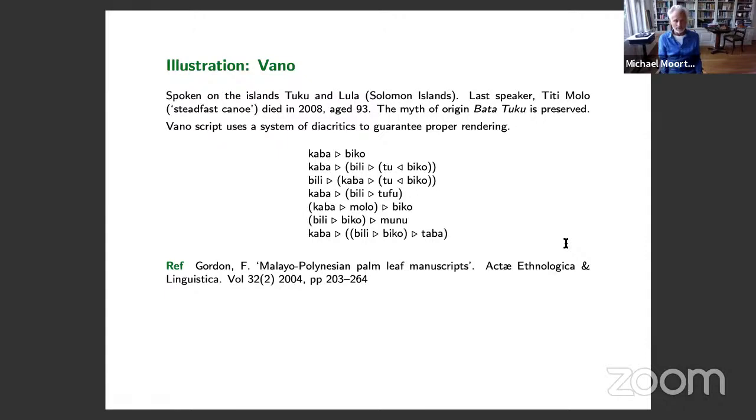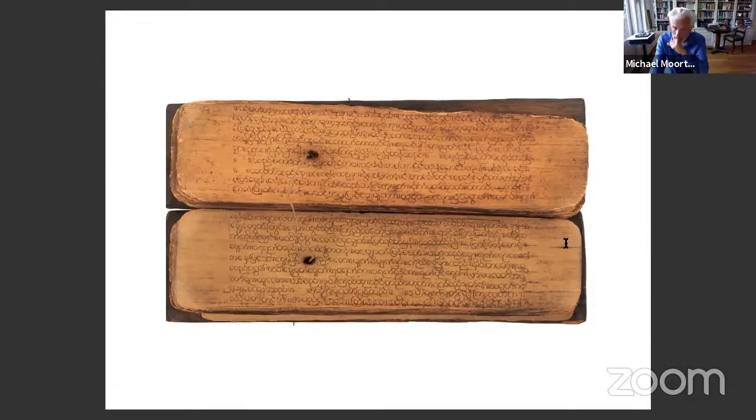That's the paper that they are using there. And because this is a sacred text, it's very important that when it is recited, the recitation is proper. So that means that the script that they are using uses a kind of system of diacritics in order to guarantee this proper pronunciation. So here is the palm leaf original.